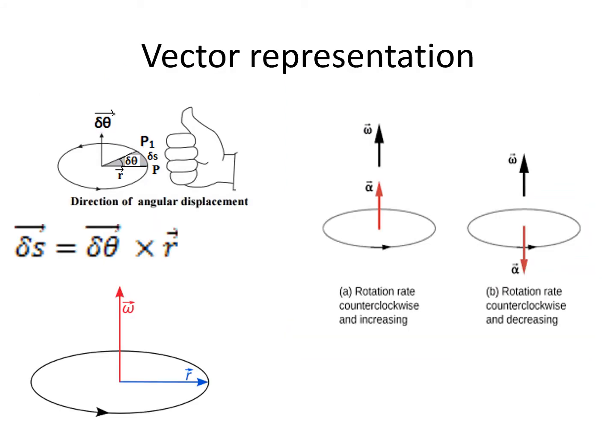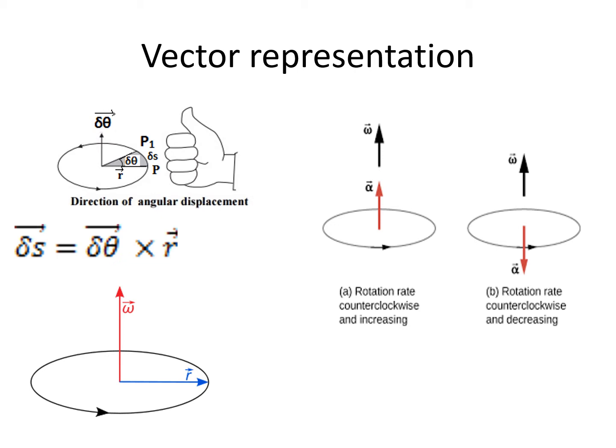Let us see how to represent these kinematical quantities in vector form. We are already aware of how to represent angular displacement using the right hand thumb rule. The direction of angular displacement is given by the outstretched thumb, and the curled fingers give the sense of rotation of the particle. In vector form, I can write delta S is equal to delta theta cross R, as delta S is perpendicular to the plane containing delta theta and R. The direction of angular velocity is the same as that of angular displacement.